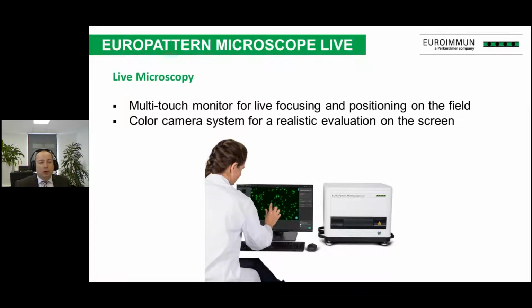The new system can also be perfectly used for live immunofluorescence microscopy, and is already being applied very successfully in the EUROIMMUN Academy for the education of our customers. Maybe if you visit us, you can also work with the system in our academy.